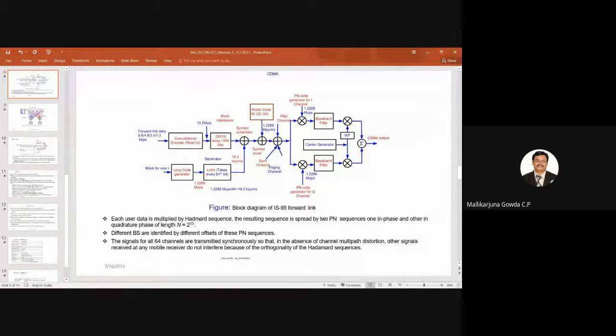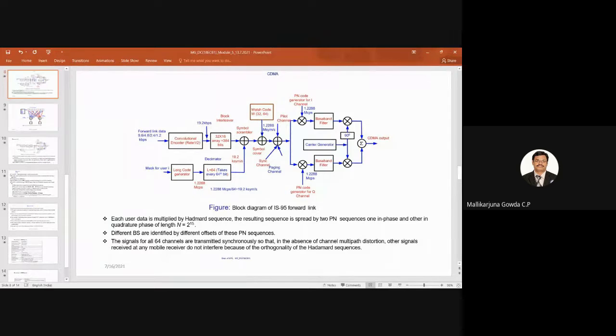As I said, the enhancement in performance is obtained from the direct sequence spread spectrum signal through the processing gain as well as the coding gain, which enables many direct sequence spread spectrum signals to simultaneously occupy the same channel bandwidth, provided that each signal has its own distinct pseudo-random sequence, right? So with that, I explained the CDMA concept.